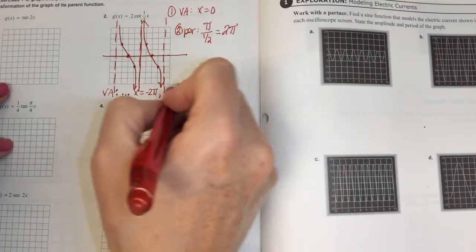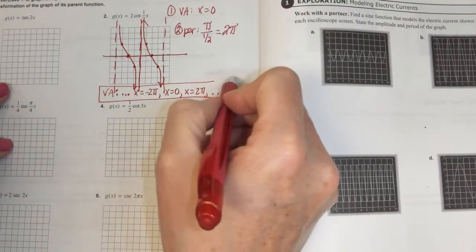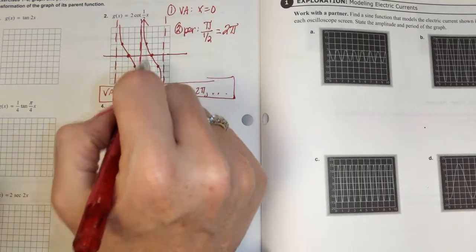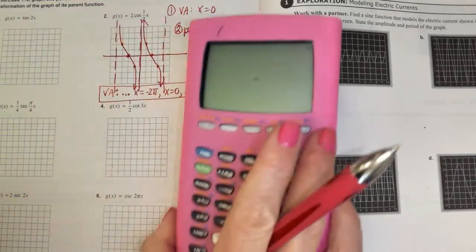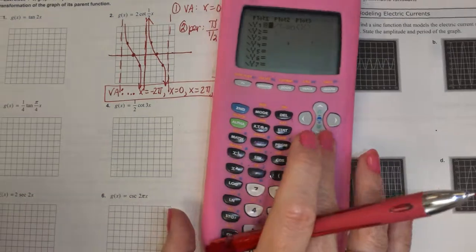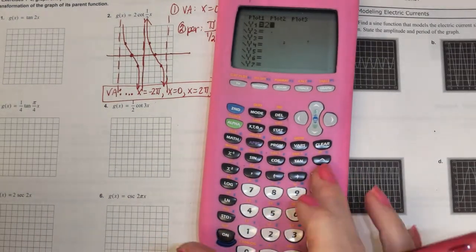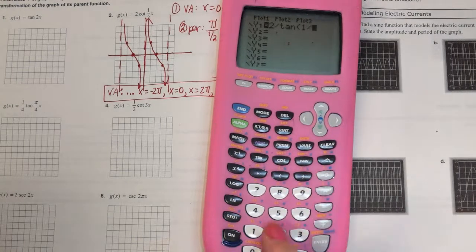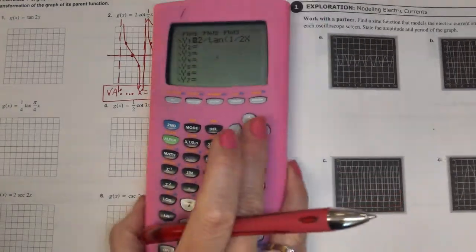And all I'm going to ask you to write is the vertical asymptotes, and then graph it. There really aren't any key points on this, so that's why I'm going to actually need you to graph it. If I wanted to check this, though, I could by doing 2 divided by tangent of 1/2 x.